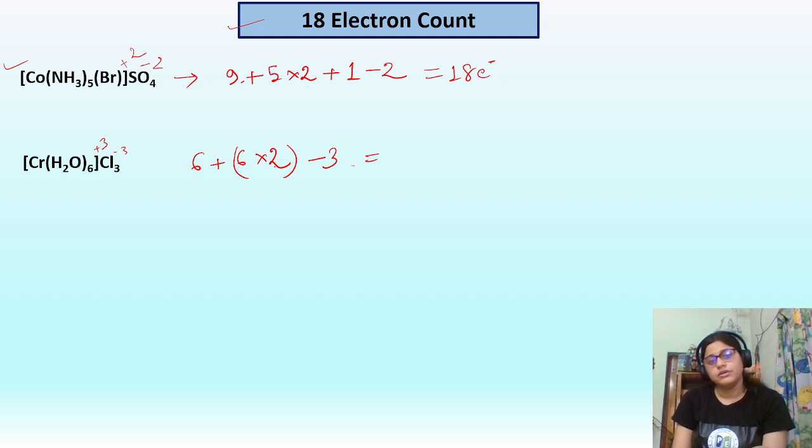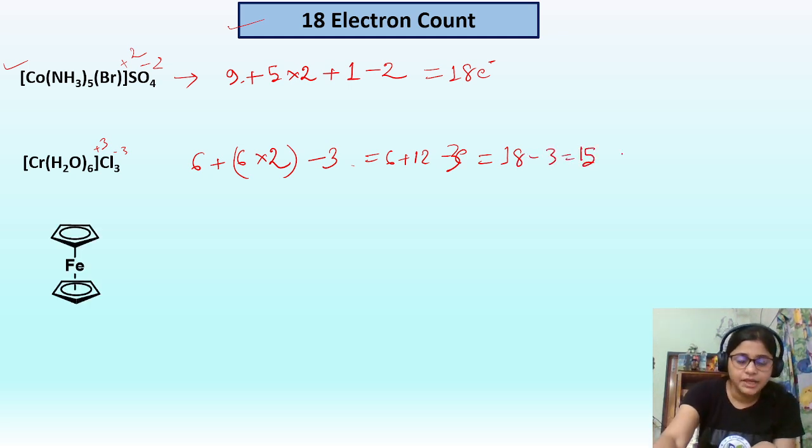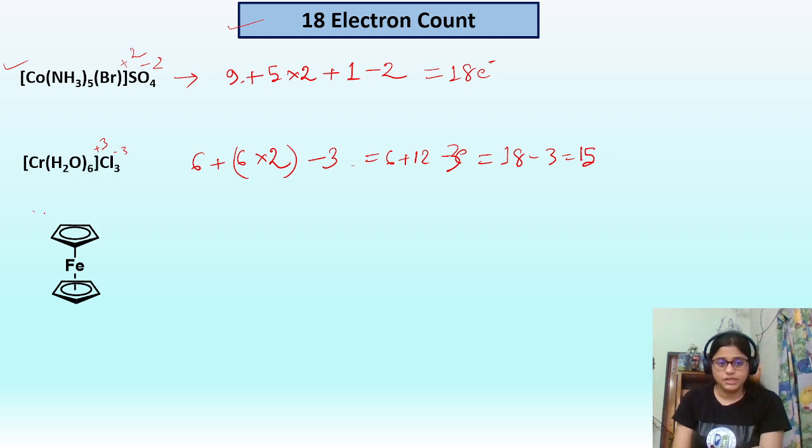So now 6 plus 12 minus 3, 18 minus 3 means 15. It is not stable. Okay, so this is organometallic.